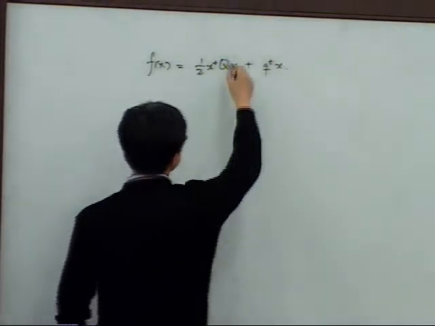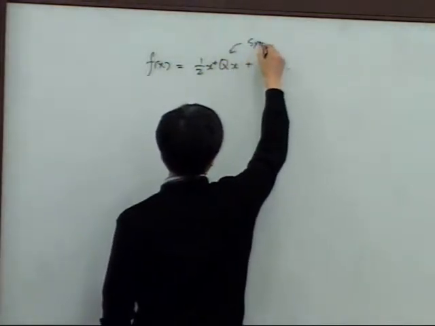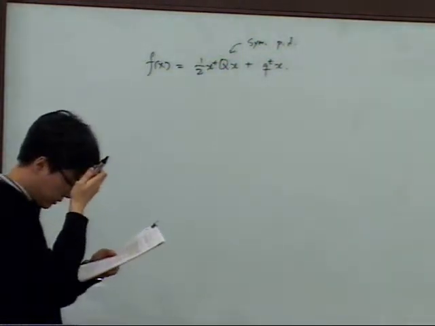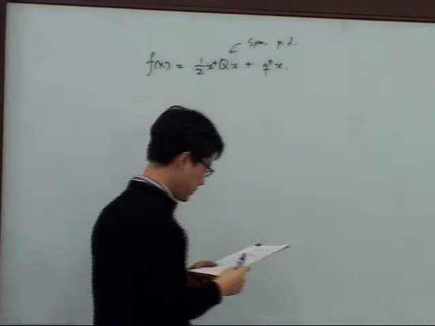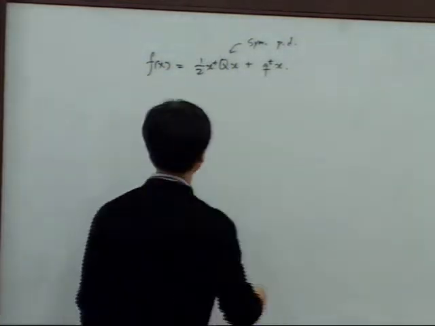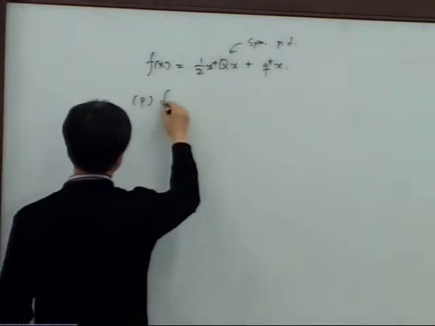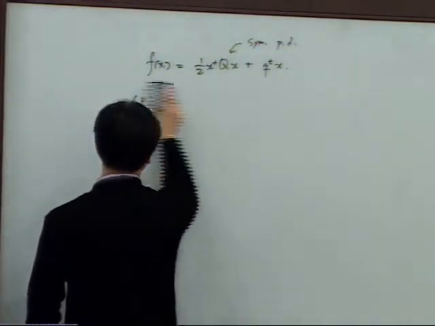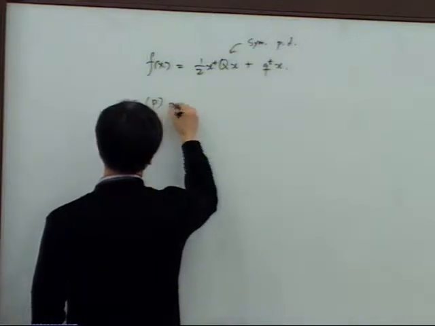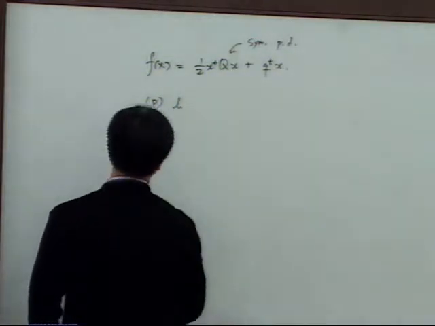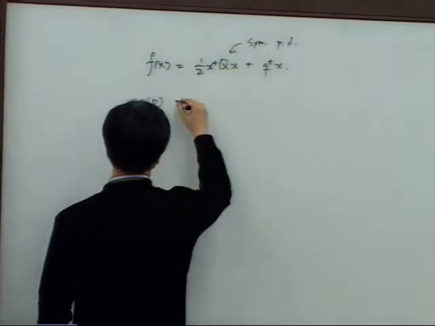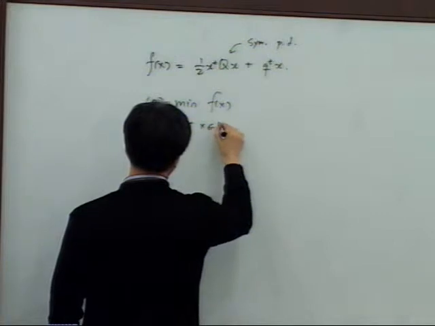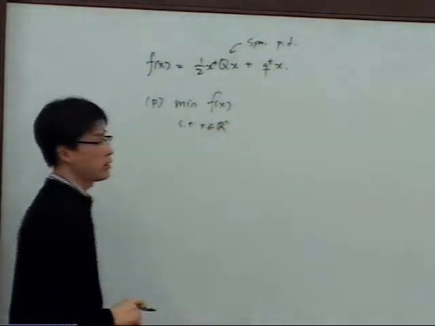And let's assume this Q is symmetric and positive definite. And suppose that we want to minimize it.